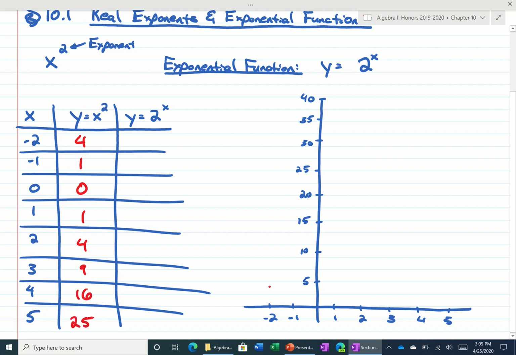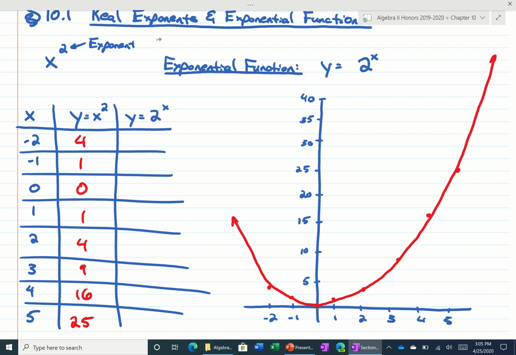So -2 would be 4, 1, 0, 1, 4, and 3 is 9, 4 is 16, and 5 is 25. So you get this shape, like a parabola. And that's nothing new, but we haven't seen 2 to the x before.